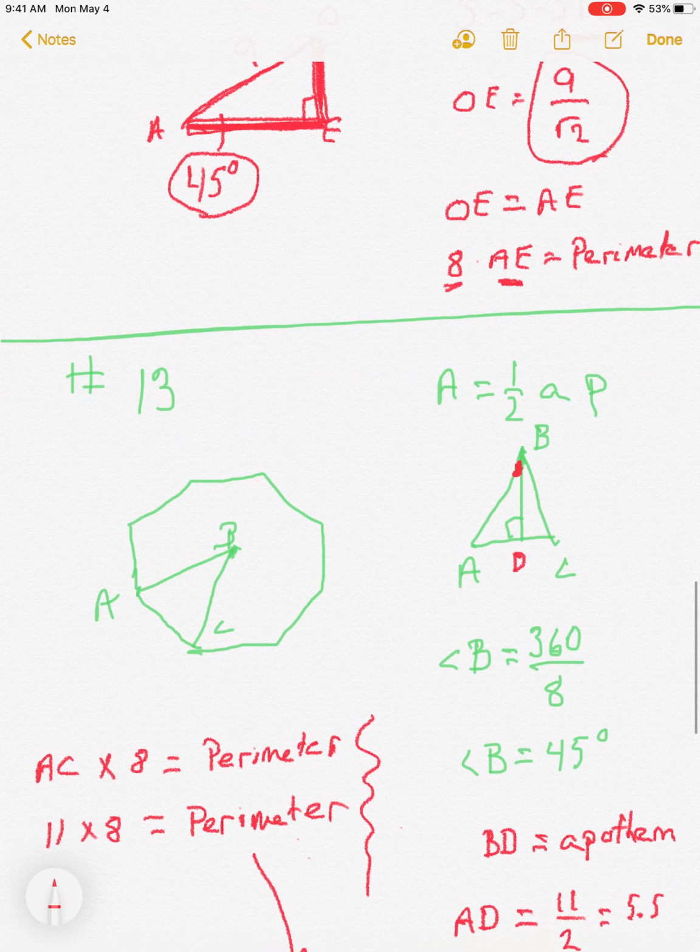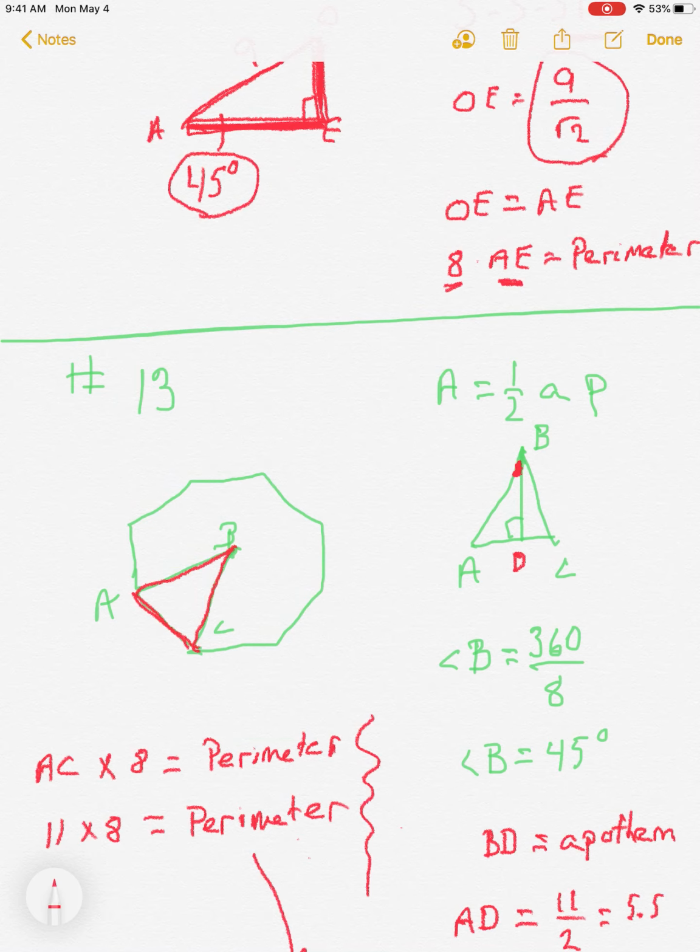Problem number 13 I'd like to explain also. Problem number 13 is an octagon. It has 8 sides. Again, what I would do is focus on just 1/8 of the octagon.